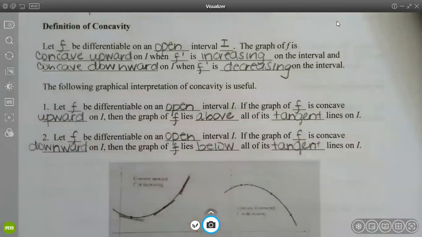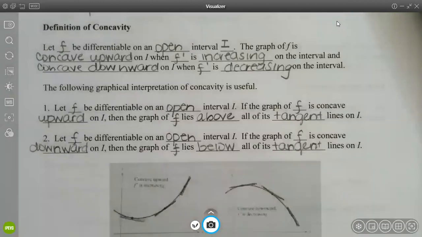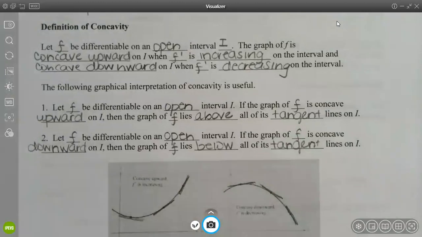So same thing, every little point has a lightly drawn tangent line, and you can see that the curve is below all of those. Any questions? Everybody okay? All right, moving on.